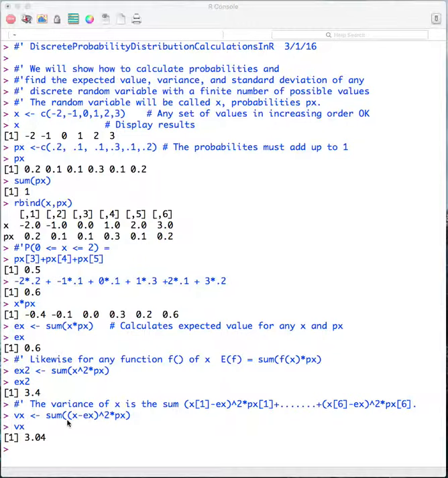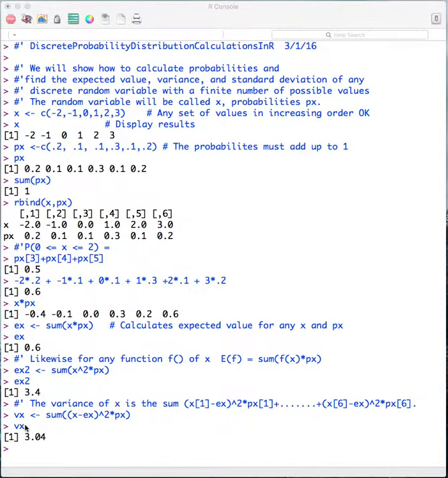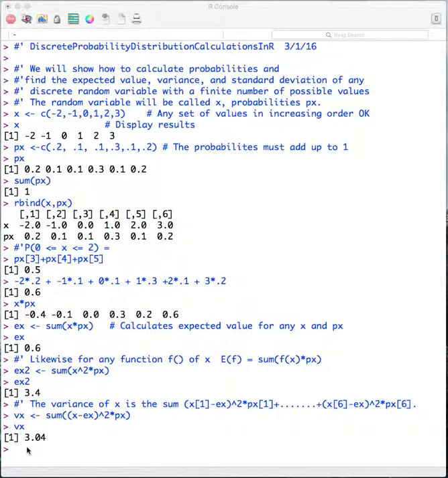Square the result, element by element squaring. This is a vector. This is another vector. This times this, element by element multiplication. That's just the definition of expected value of the x minus Ex squared. Sum them up, and this particular expected value is called the variance. The square root of that is called the standard deviation.